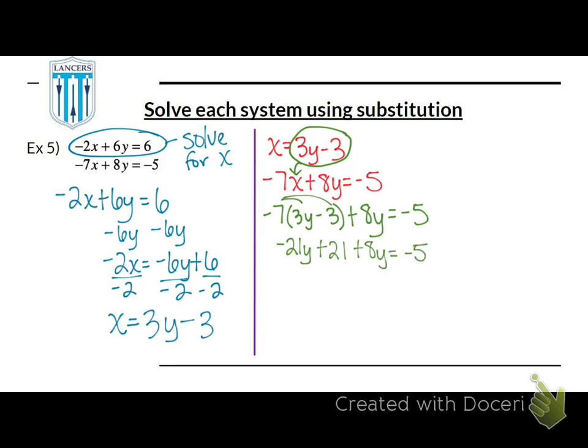We would combine our like terms that are on the same side. So -21y plus 8y, -3y. We need to get y alone. So what should we do next?